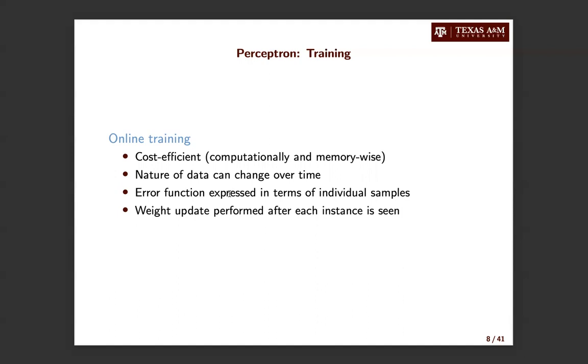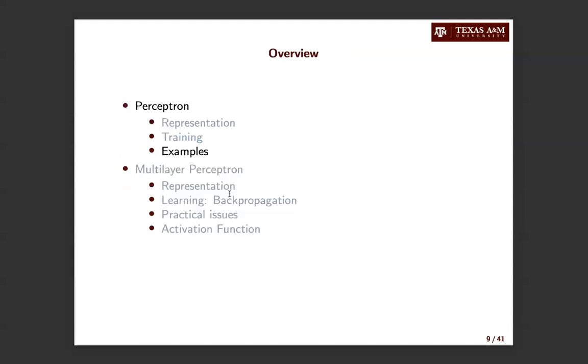Also, the error function is quite interpretable because it is expressed in terms of the error of individual samples. Therefore, this can be quite interpretable in performing data exploration and understanding which of the data are potentially not correctly classified. And another good thing about stochastic gradient descent in the case of the perceptron is that we can get some weight estimates even after a small number of iterations, even after a single instance has been seen.